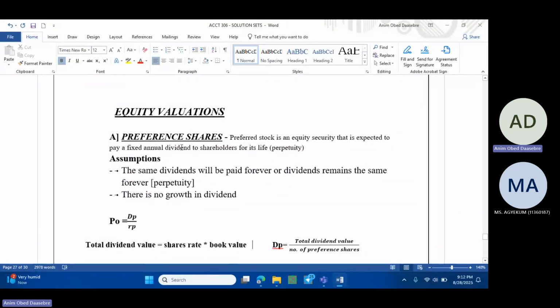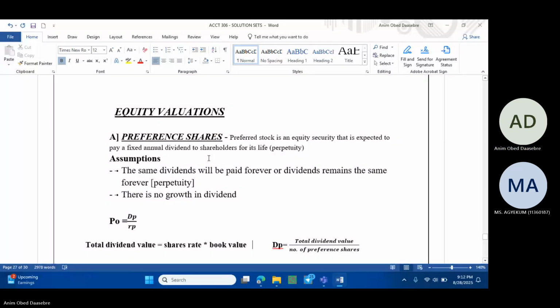So to find the price of such dividends or share, since it's in line with perpetuity cash flows, the method that we are going to use to value the price of that share is the perpetuity formula.